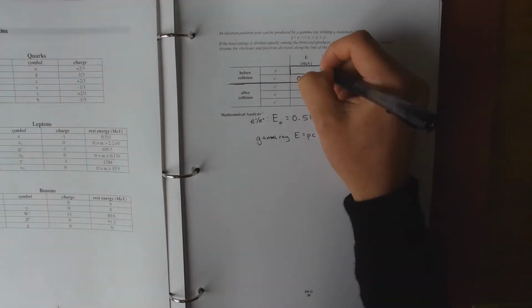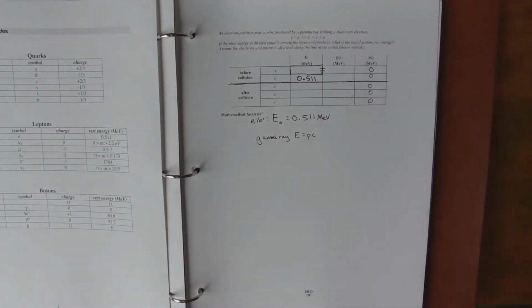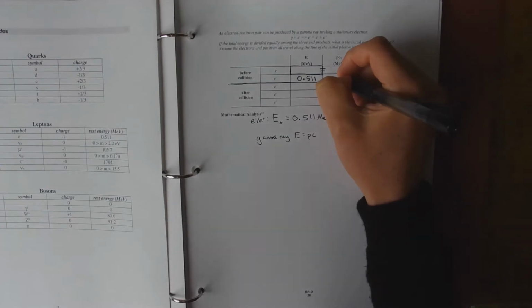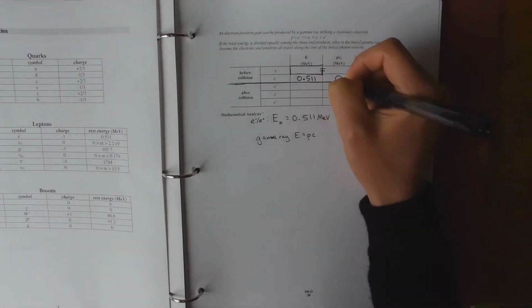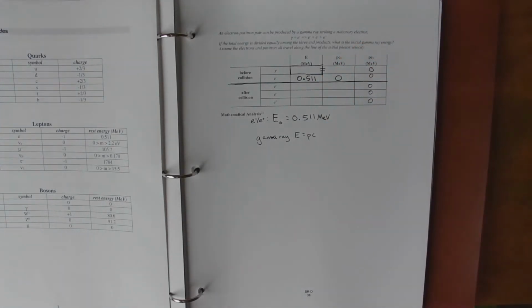I know that these two quantities should be equal to each other, and since the electron is stationary, its initial momentum is 0, and so then let's consider the relationship between the energy of an electron or positron and its momentum.